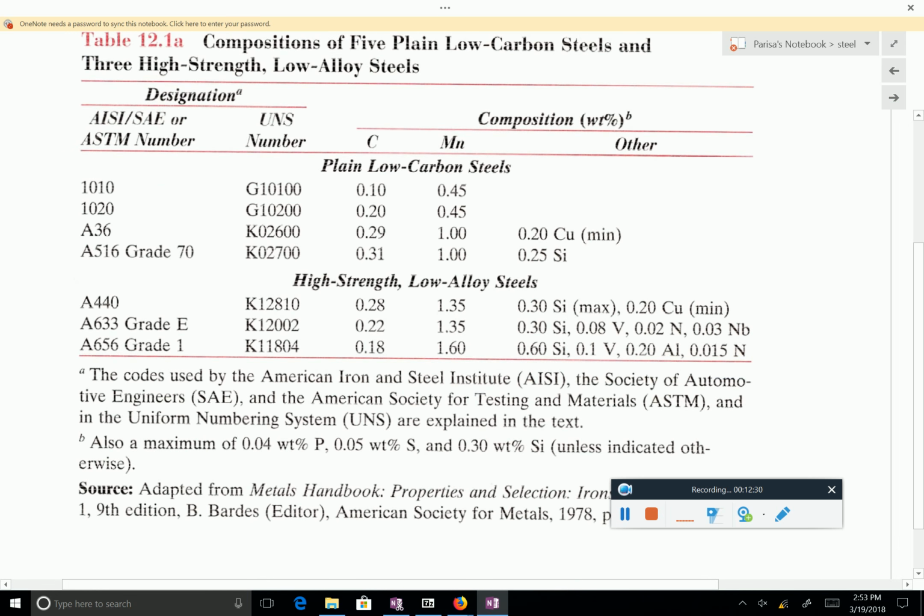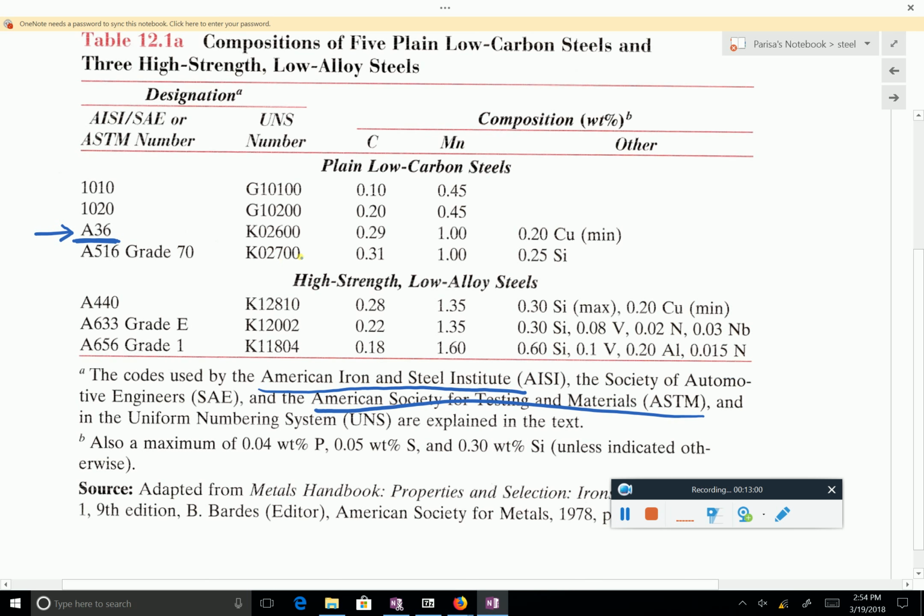They give you designations depending on the society or the convention where they are being defined, for example, American Iron and Steel Institute, AISI, or ASTM, American Society for Testing and Materials. They have different designations. One very important, famous kind of steel that we use very often is this A36.